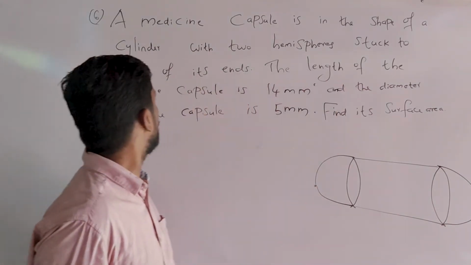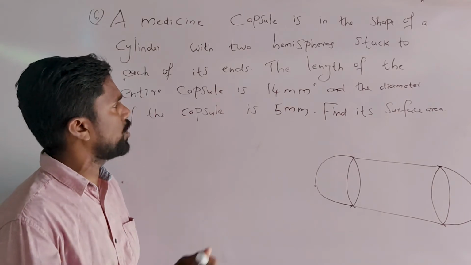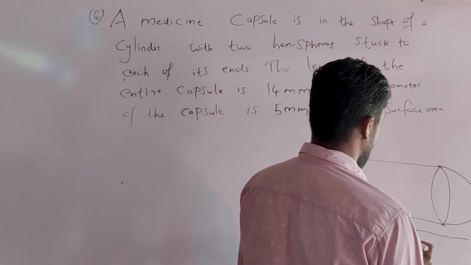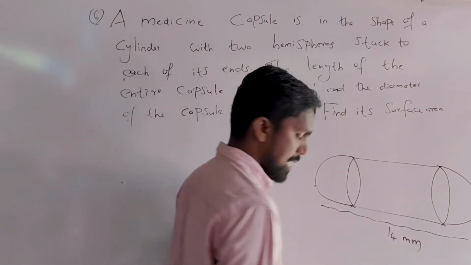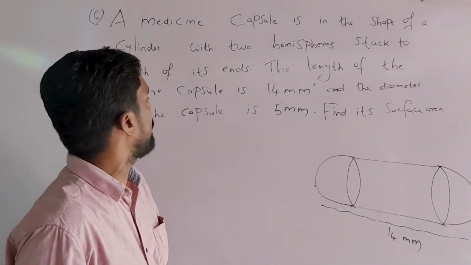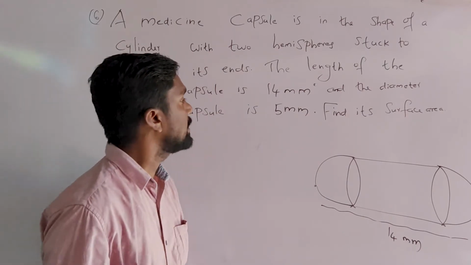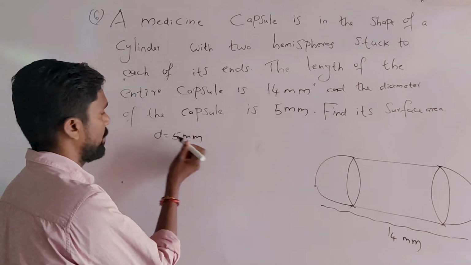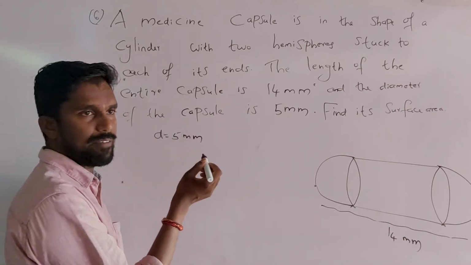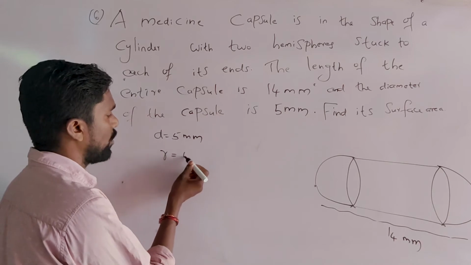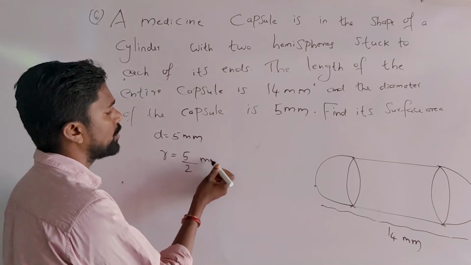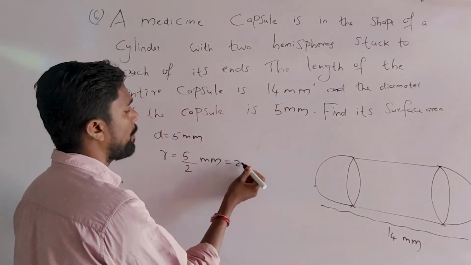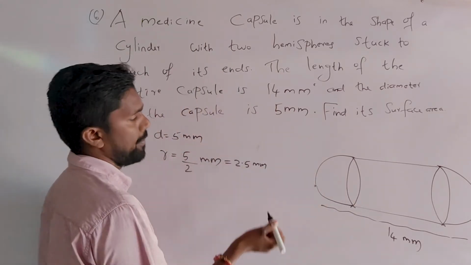The length of the entire capsule is 14 mm. Total length is 14 mm. Diameter 5 mm, so radius equals 5 by 2 mm, that means 2.5 mm.